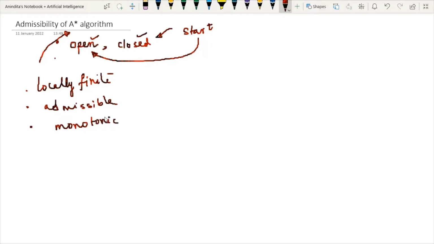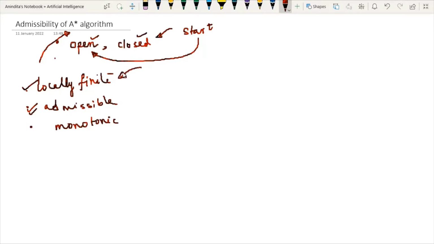Now let me explain these terms one by one and then we will go for the proof. So the terms locally finite, admissible and monotonic are all applicable to the A star algorithm.